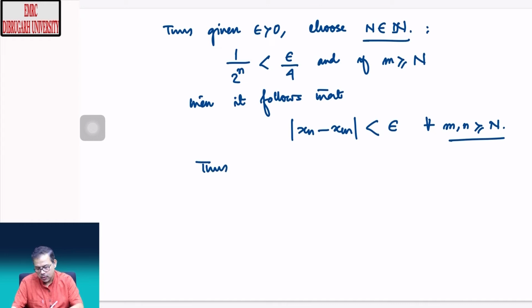Thus, by Cauchy's criterion, x n is convergent.